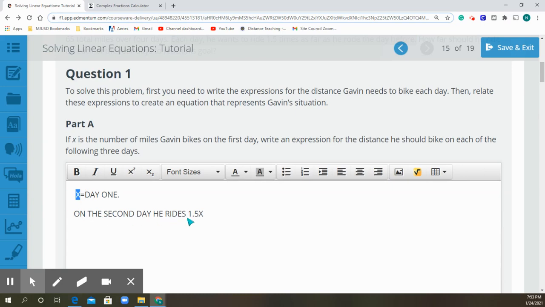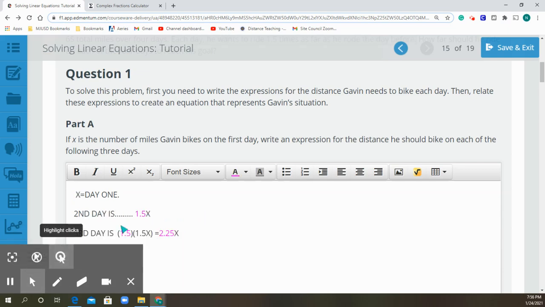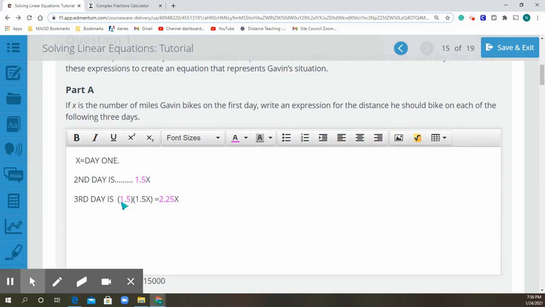On the second day, he rides 1.5 times X. The third day is 1.5 times day 2, which is 1.5 times x.